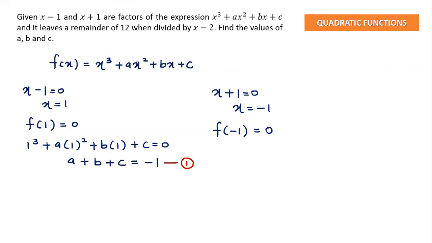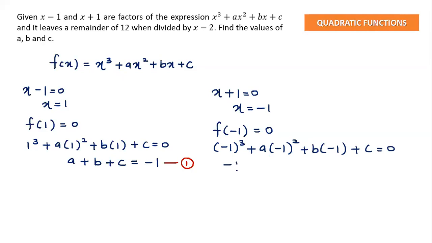Understand? So now I'm going to substitute all this x with negative 1. It's going to be like this: negative 1 cubed plus a times negative 1 squared plus b times negative 1 plus c equals 0.